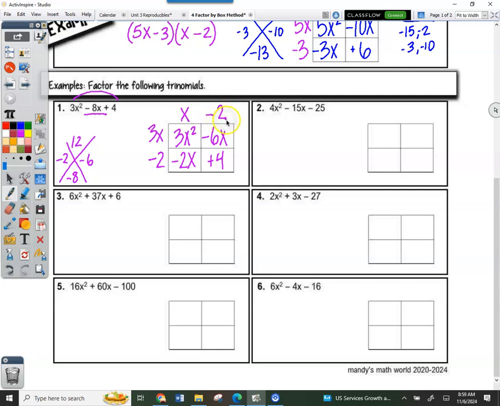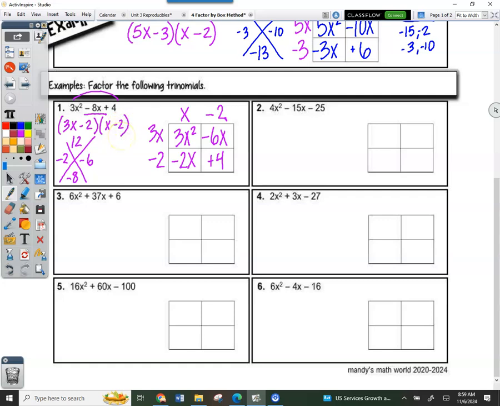And now the last one serves as a checkpoint. -2 times x is -2x. Good. -2 times -2 is 4. So my answer is 3x minus 2 and x minus 2.